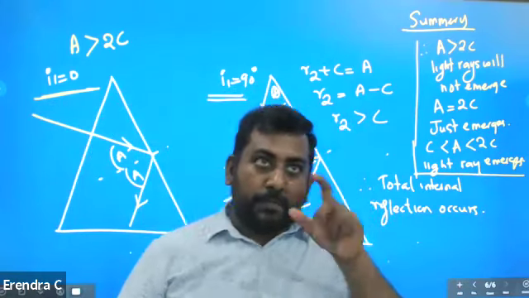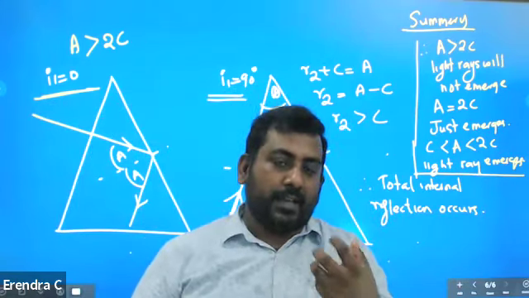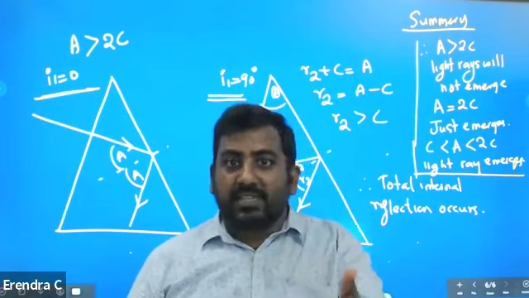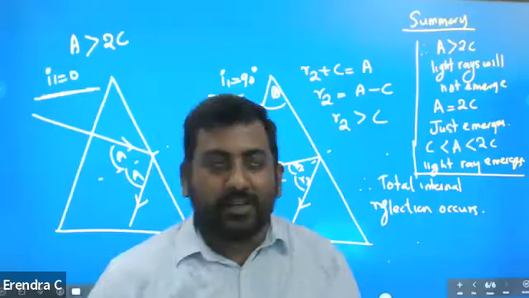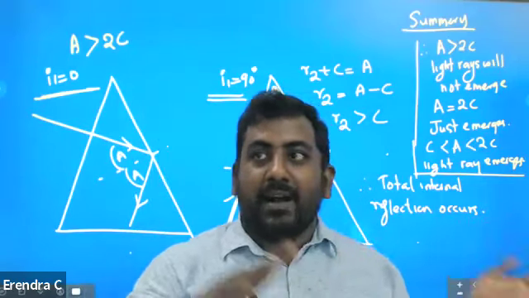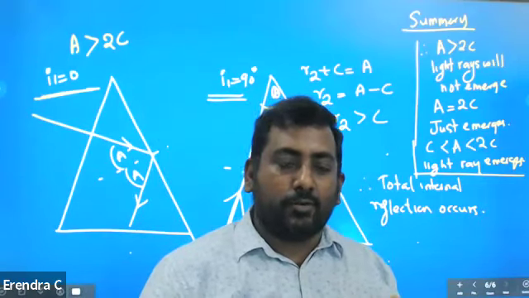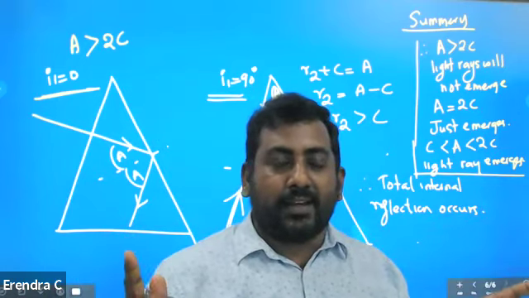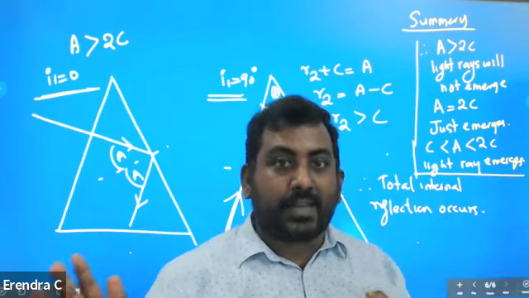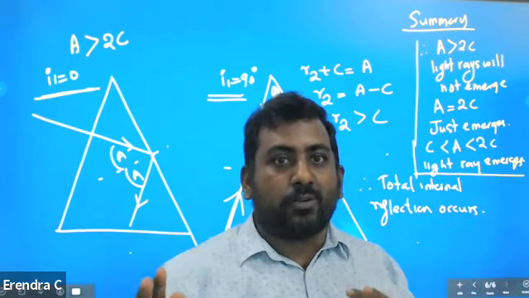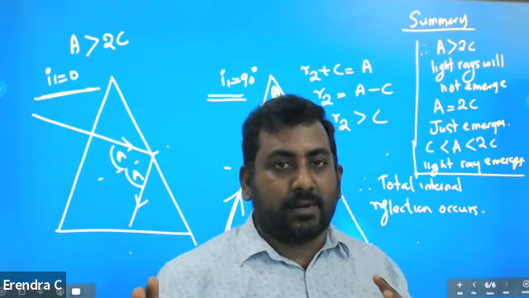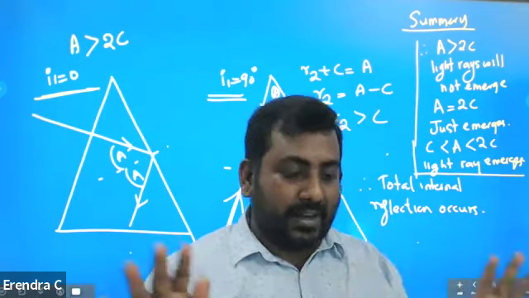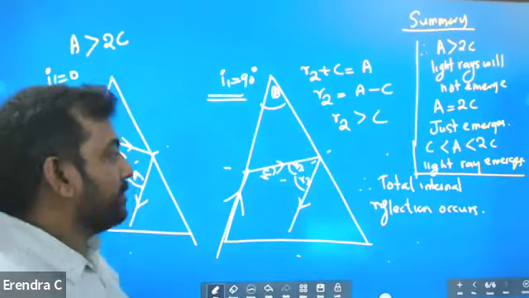Depending on the prism angle, you can decide whether light rays will emerge or not. But generally, if A is double the critical angle, 2C, guaranteed no light rays will emerge. Between C and 2C, light rays can emerge. Equal to 2C, light rays just emerge. Greater than 2C will never emerge.